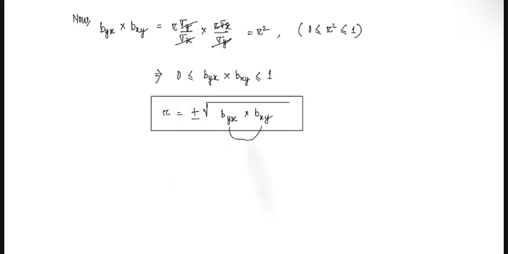This shows that either both values, the slope of y on x and the slope of x on y, will be positive or both will be negative.